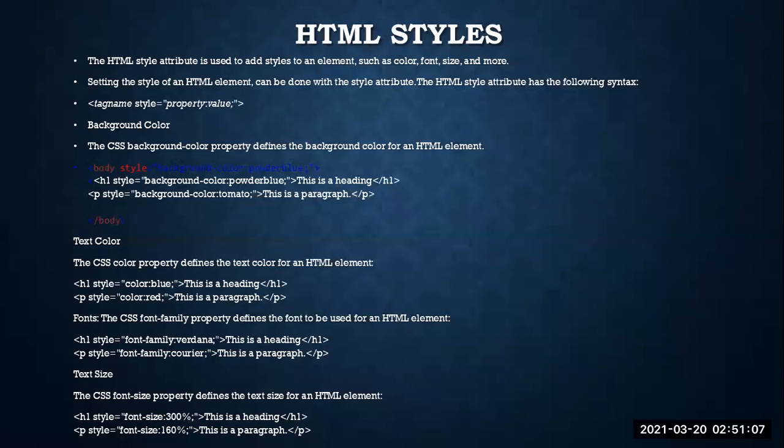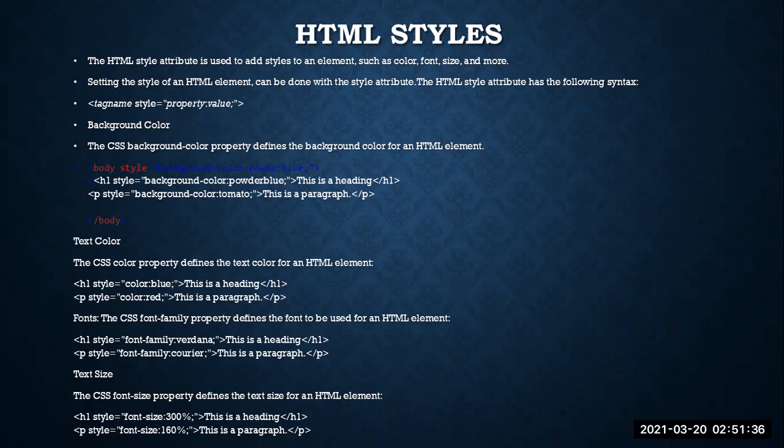Now the property is the particular CSS you are trying to bring. Then the value is what you want to assign to that particular property. For instance, let's say I want to change my font size. So the font size is the property, and the value is the size I'm attaching. Let's say I want my document to have a font size of 25 pixels. So font size is the property, and 25 pixels is the value that I'm assigning to it.